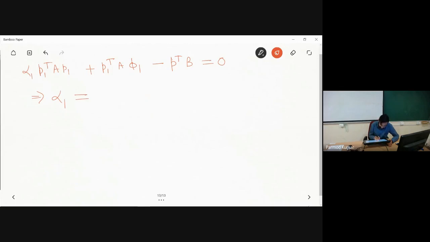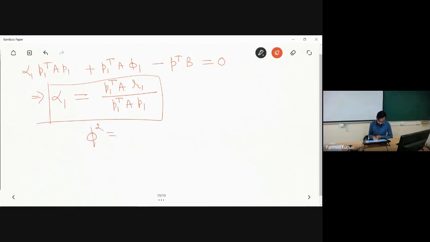Finally, I will get the value of alpha 1 as P1 T A R1 divided by P1 T A P1. Clear? Once I have the value of alpha 1, I can easily find phi 2 equal to phi 1 plus alpha 1 into P1.